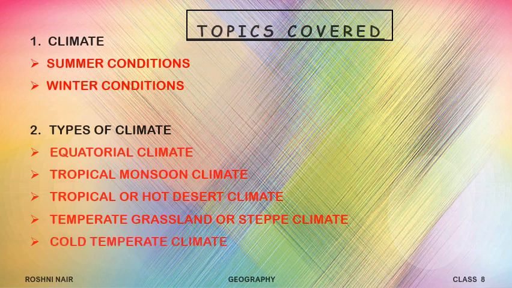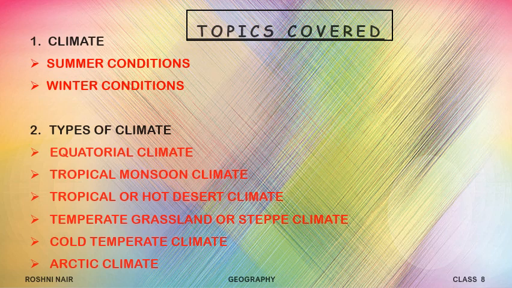Fourth heading is temperate grassland or steppe climate, page number 111, along with natural vegetation and wildlife of that region. Then we have cold temperate climate from page number 112, and also natural vegetation and wildlife of that type of climate. Then we have last, Arctic climate.